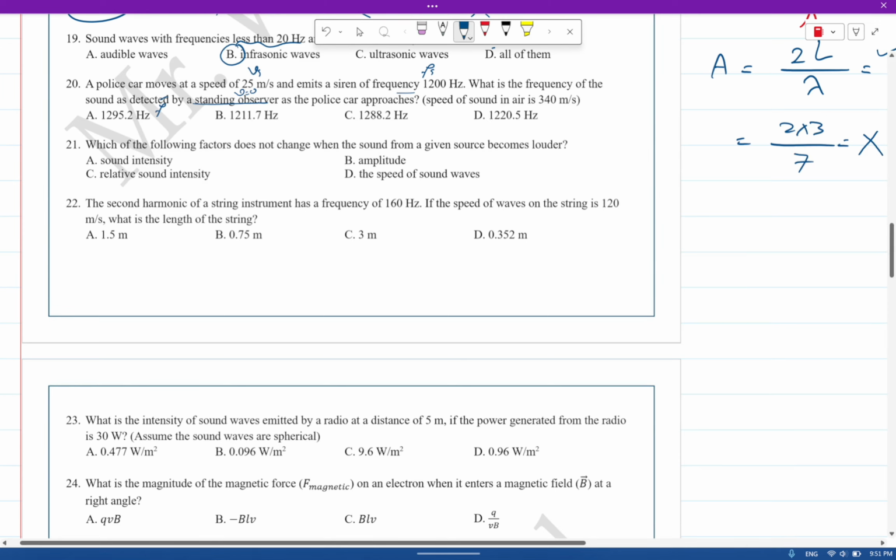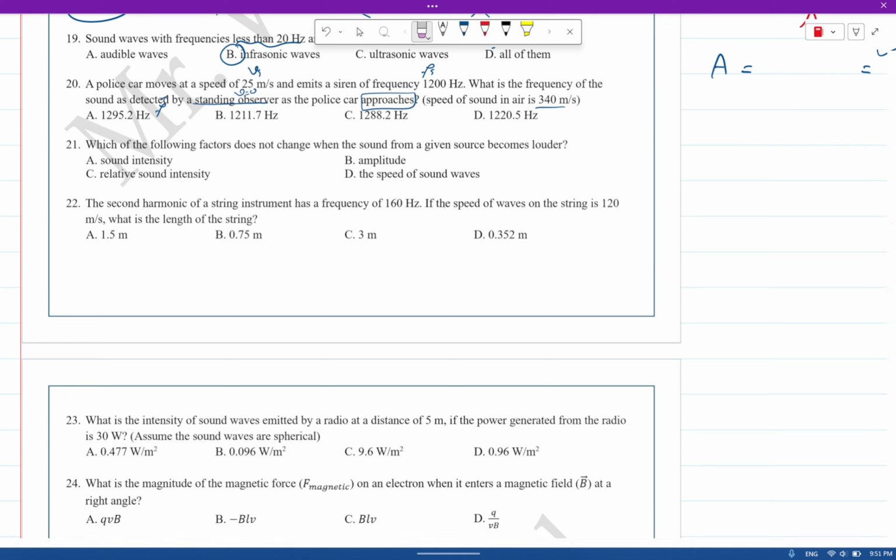That means getting closer. Speed of sound in air is 340. Now we know that whenever there is an approach, of course, relative motion between the two, and if it is getting closer, the frequency that is observed is going to be higher than the frequency of the source. But what is the equation here?